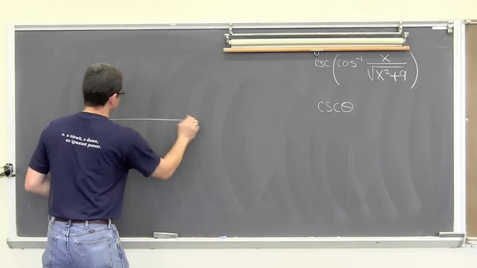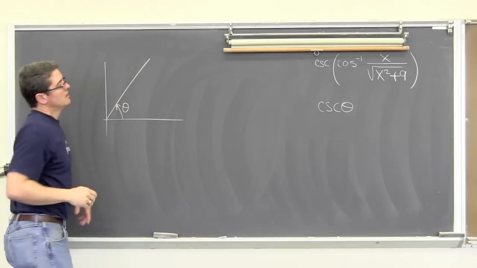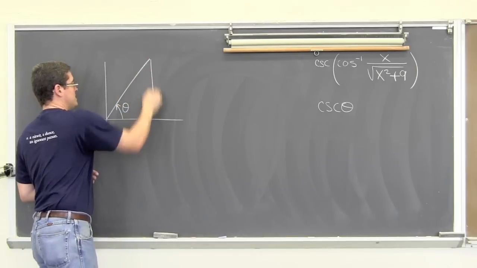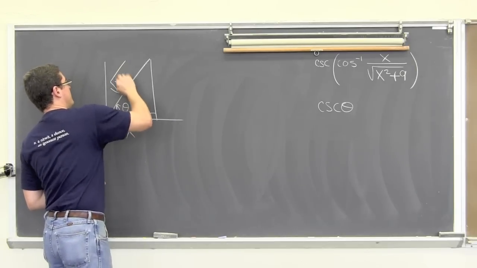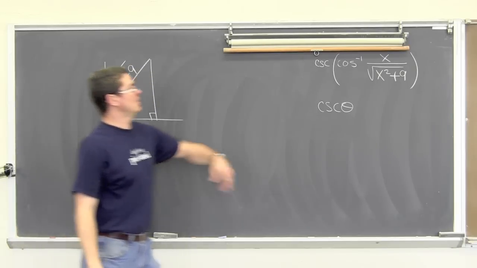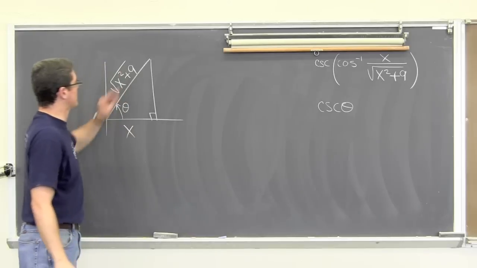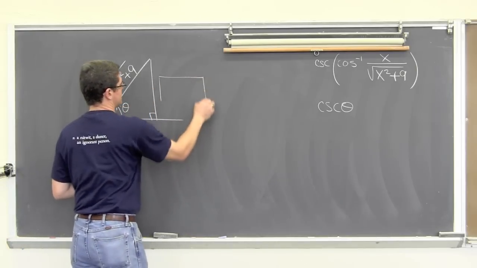So we have theta. Cosine is adjacent over hypotenuse, so x over the square root of x squared plus 9. Again, SOH CAH TOA. Cosine is adjacent over hypotenuse. Pythagorean theorem is going to help us find that third missing side.